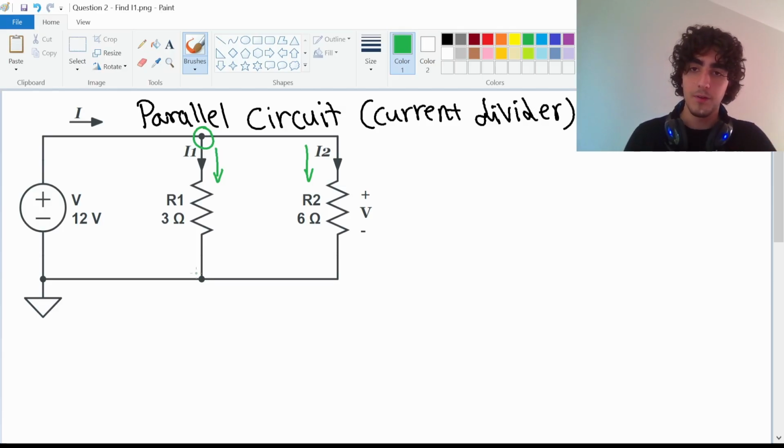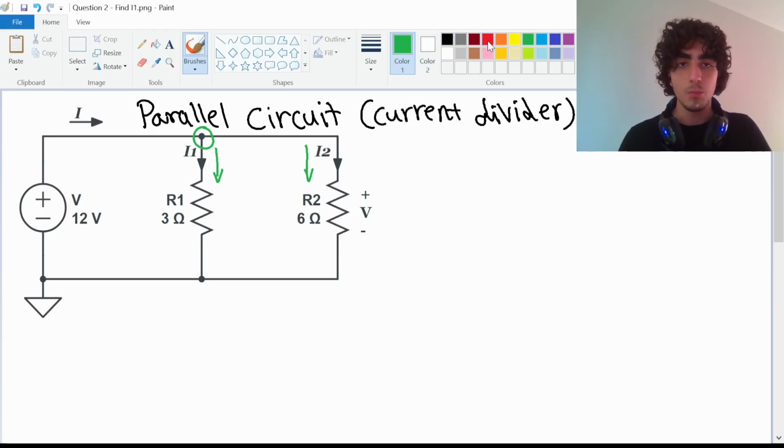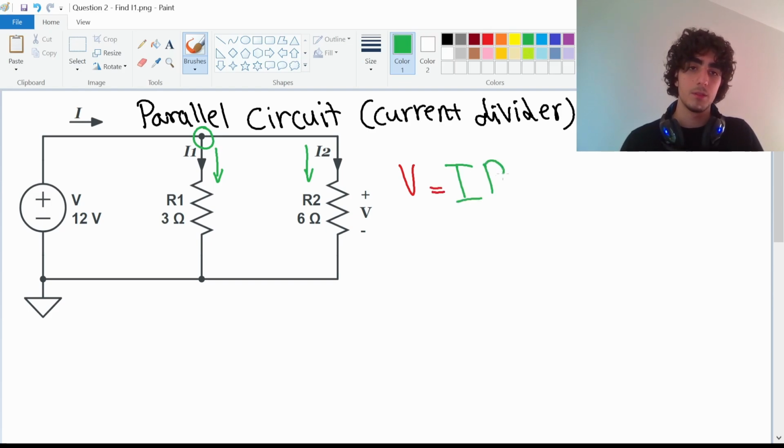Now, we want to actually find out how much current is being divided through this node and then out to this node, so through I1 and I2. The way we can do that is through Ohm's law, and Ohm's law refers to V equals current times resistance. So we can apply the same thing and actually find out what I1 and I2 are specifically.